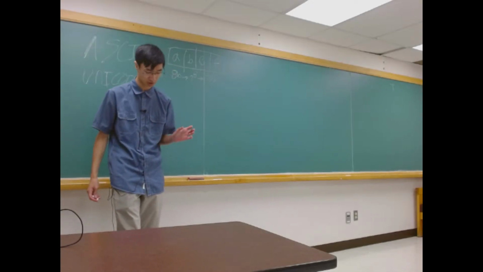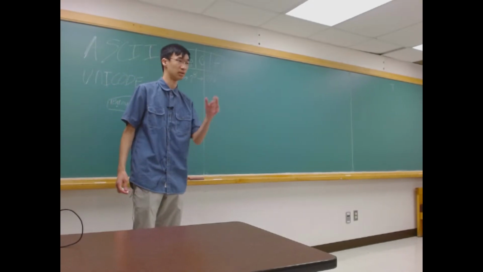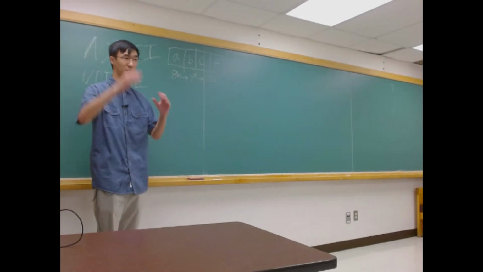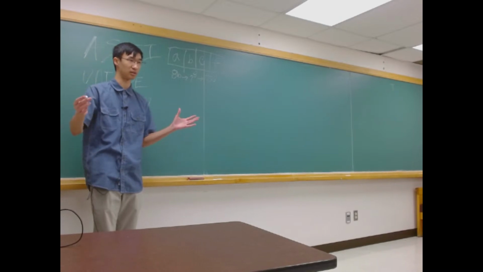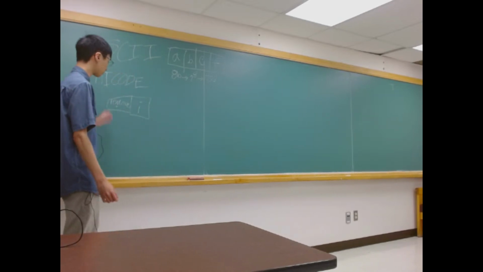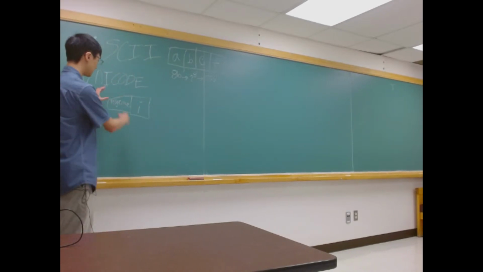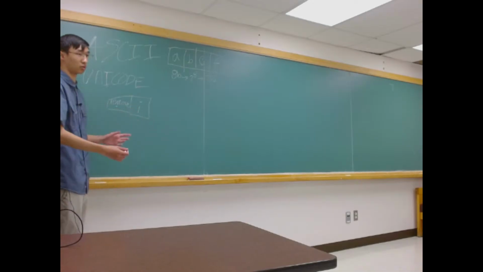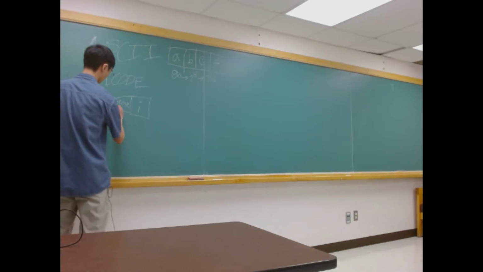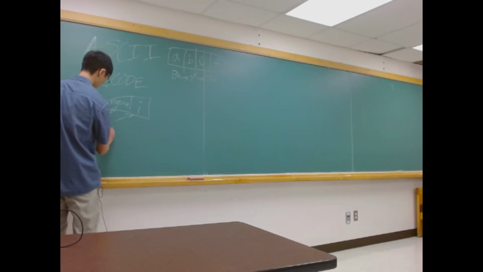I believe Turkish is the one where a missing dot means something different. Each of these numbers is what we call a code point. So we have code points.